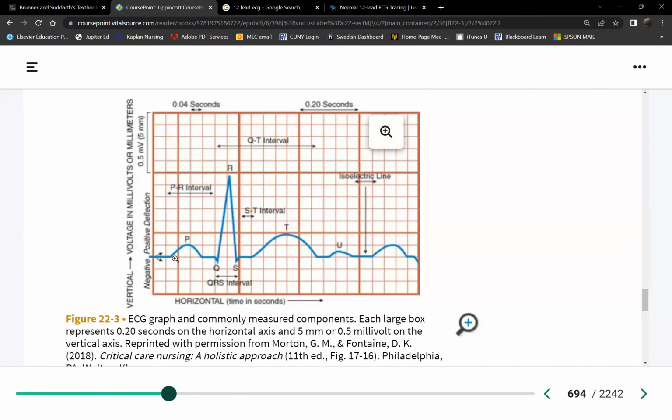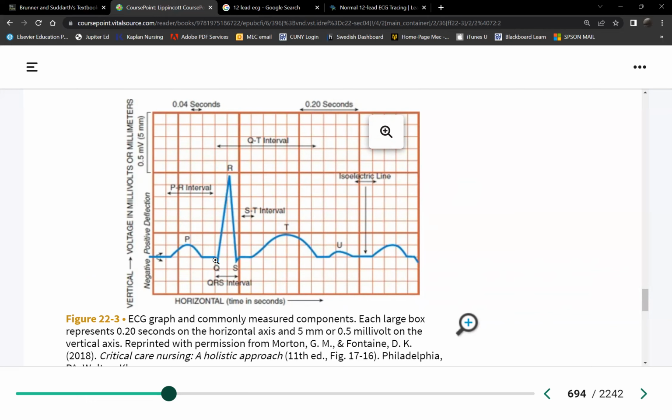Right here. So when I measure the PR interval, it includes the P wave, right? Yes. And then it stops right here, right before the Q wave begins. Now, this is one thing that will confuse people because it should have been called the PQ, correct? Because is it measuring the R? No, we're measuring from the P to before the Q begins.